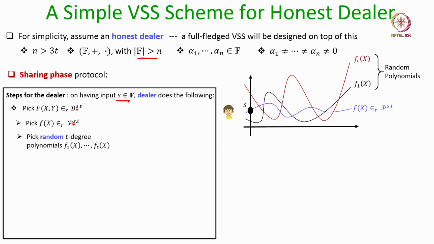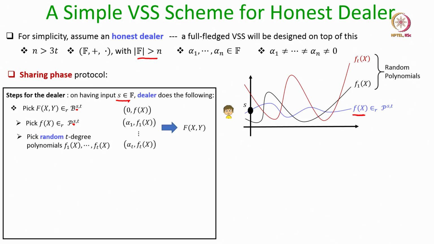Their constant term could be anything. There is absolutely no restriction on these remaining t univariate polynomials. The restriction was only on the f(x) polynomial. Its constant term is supposed to be the secret of the dealer. All other coefficients could be random.